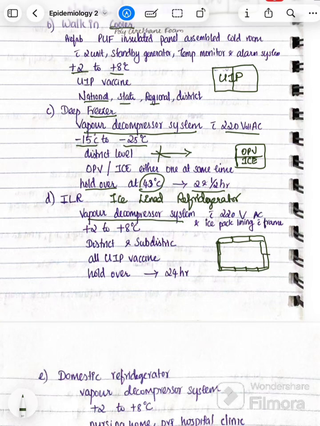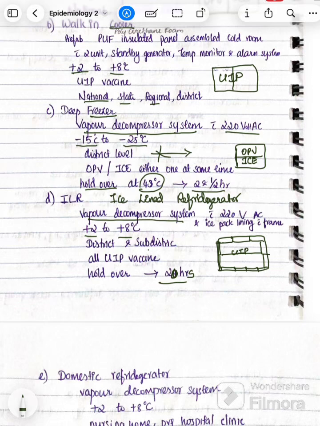So holdover time here is a minimum of 20 hours. For deep freezer it is 2.5 hours. Why? Because of this ice lining. So at district and sub-district level we are going to use it, and temperature maintained is +2 to +8 degrees Celsius. And all universal immunization program vaccines are kept in these ice lined refrigerators.